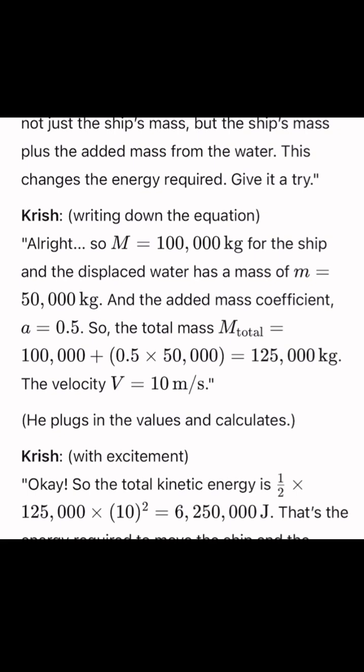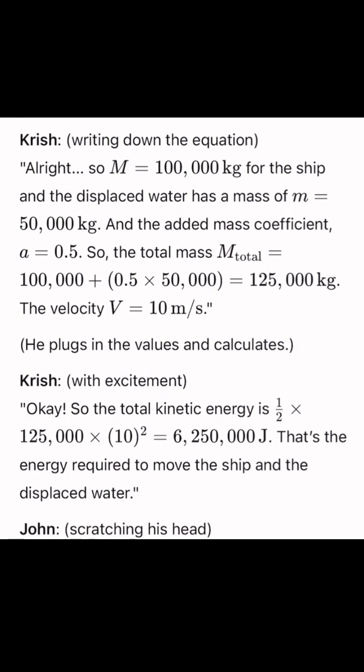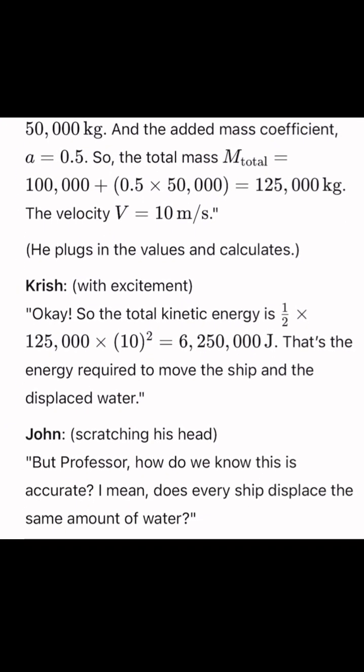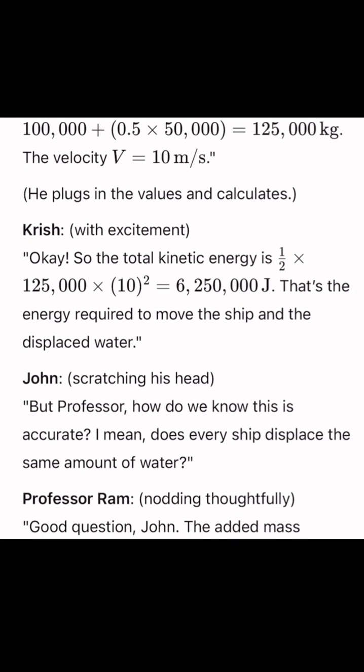So the total mass M total equals 100,000 plus 0.5 times 50,000. So it becomes 125,000 kg. The velocity is 10 meters per second. He plugs in the values and calculates. Okay, so the kinetic energy is 6,250 megajoules. Sorry, kilojoules. 6,250 kilojoules. That's the energy required to move the ship and the displaced water.